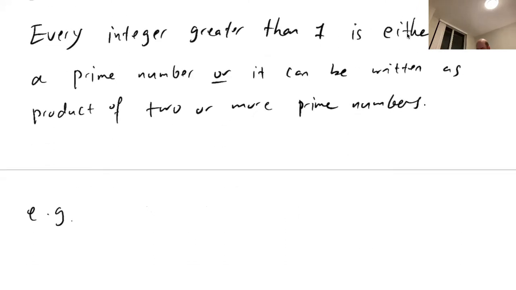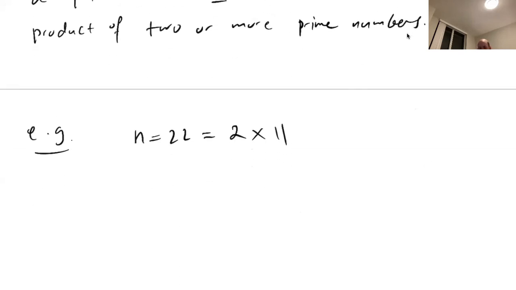So for example, let's say 22. I can write it as 2 times 11, a product of two prime numbers. Or let's say, for example, 50. 50, I can write it as 5 times 5 times 2. A product of 3 prime numbers. 2 of them are the same, but that's okay.